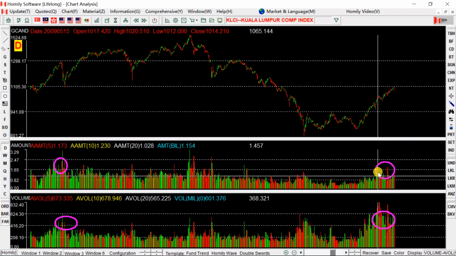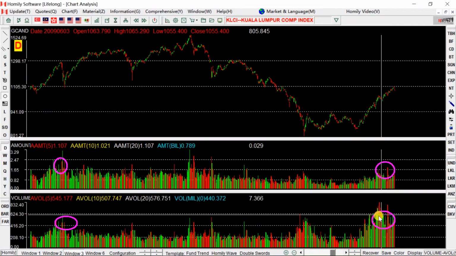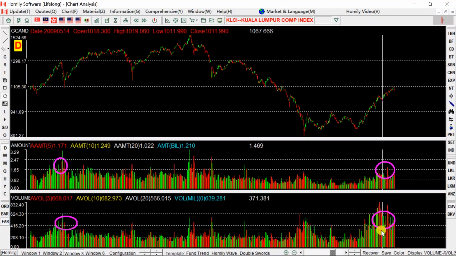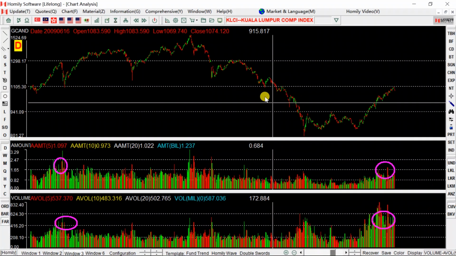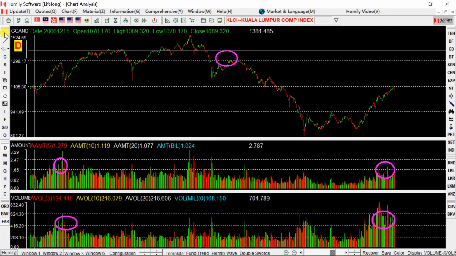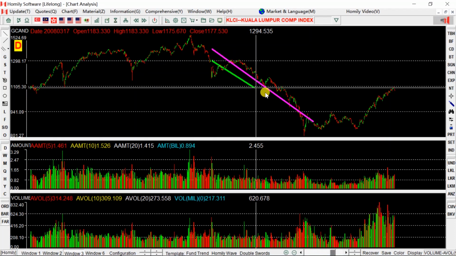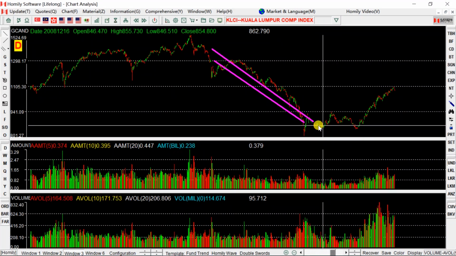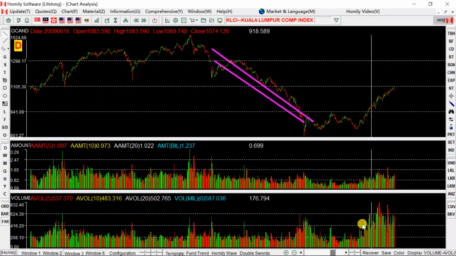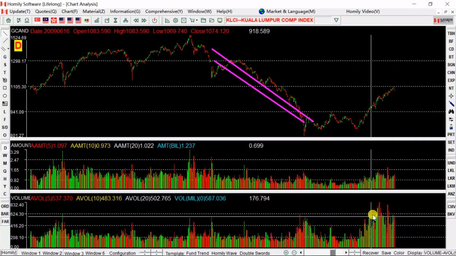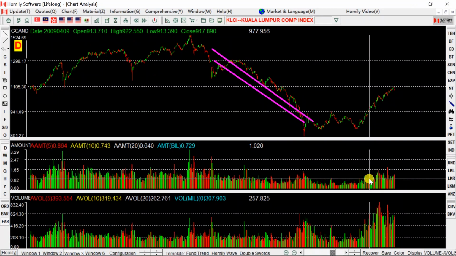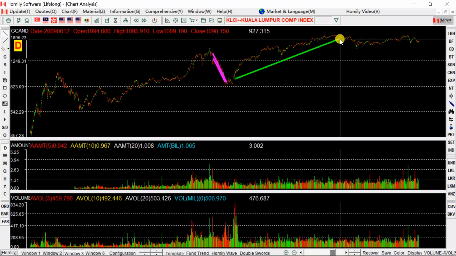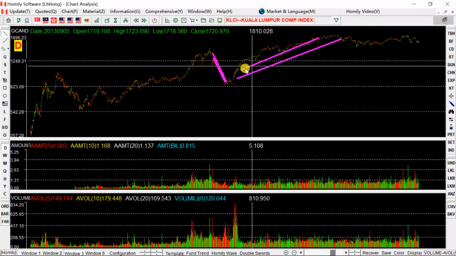If we find the amount is small but the volume is very big, that means the average price is very small, because of the big drop in the index. So the average price of the stocks is very small. The price is very cheap now. So even though the volume is very big, the amount is still very small. That means it's highly possible the bottom of the index. After that, a very beautiful uptrend.